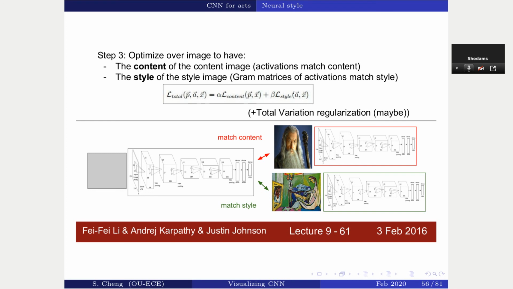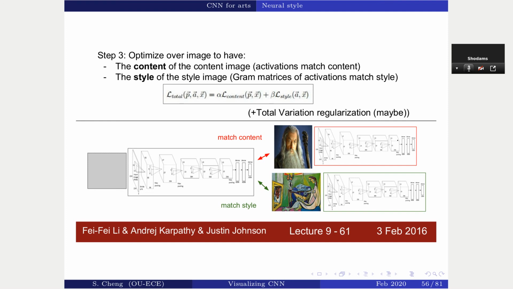I'm trying to minimize that. That's the high level idea, but the content is easy to capture. How? You can just go to a particular layer and say I want to fix the value of that layer, and that will be the content score. I just minimize the difference of the coefficients at that particular layer from the image I want to borrow content from.